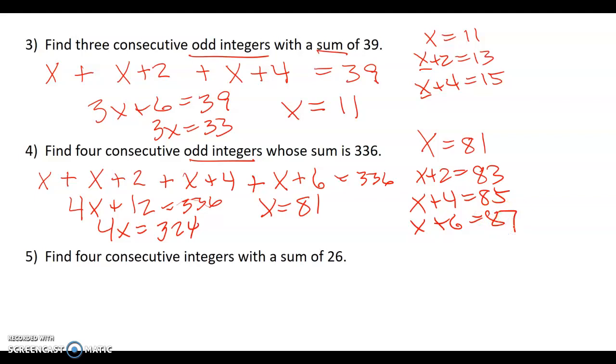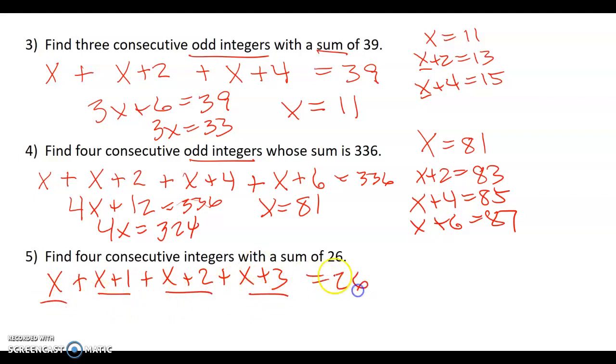Then find 4 consecutive integers with the sum of 26. So these are 4 numbers that are right next to each other, like 1, 2, 3. So we have x plus 1 plus x plus 2 plus x plus 3. Remembering that this is the first number, second number, third number, fourth number equal to 26.